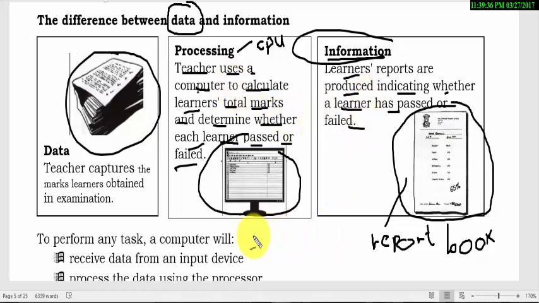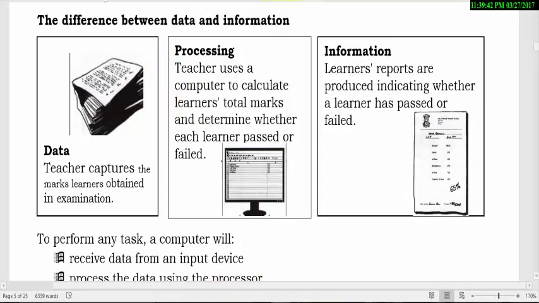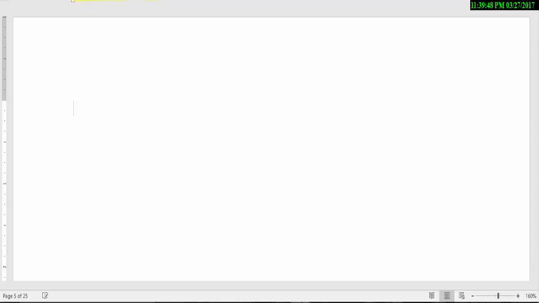In this case, we need to look at the part which says data. That is data.